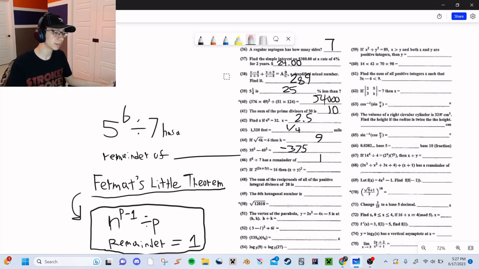Now this here is the simplest version of this kind of question you'll see asked. Another question they could ask, what if we had 5 to the 7th power divided by 7? So instead of having this natural number raised to the p minus 1 power, it's raised to the p power. So what can we do? Let's think about this.